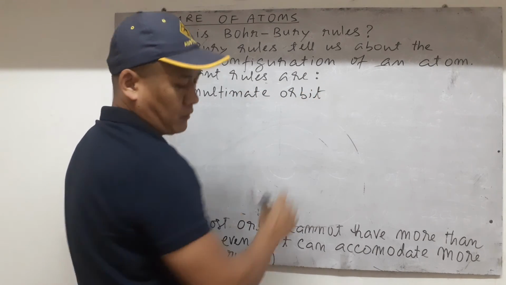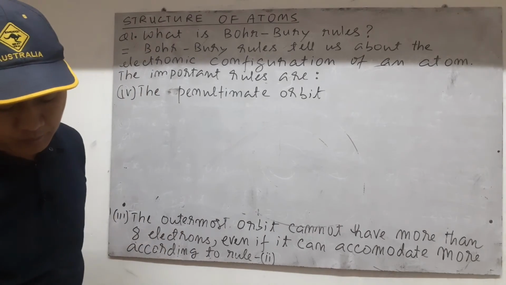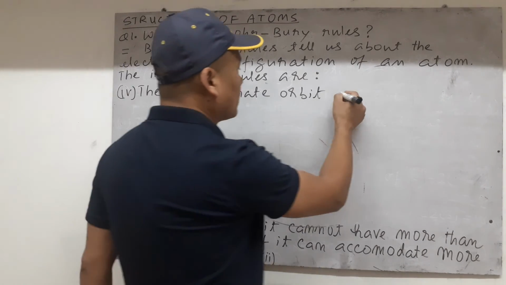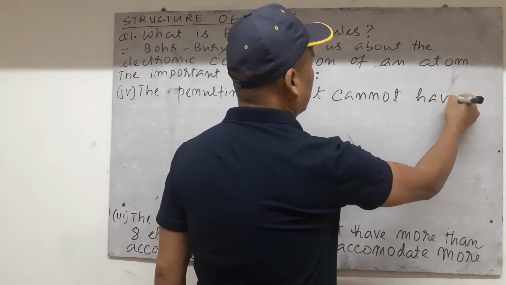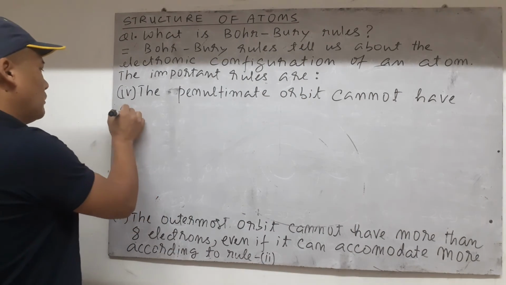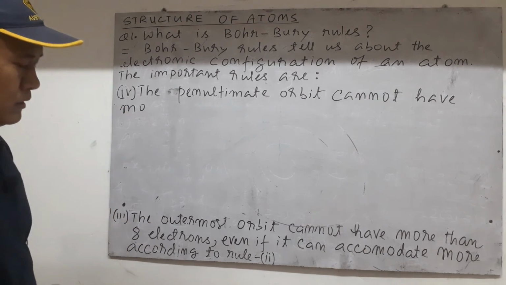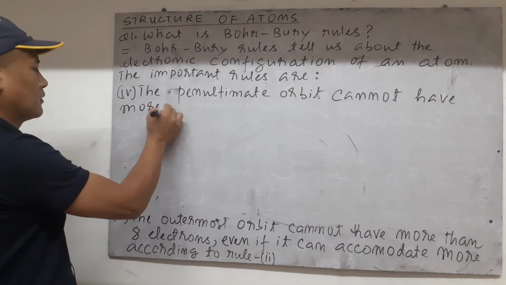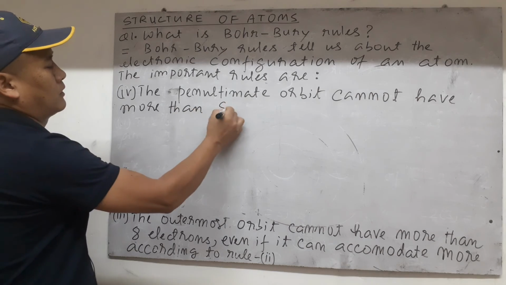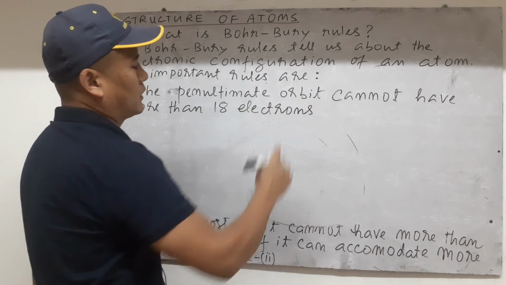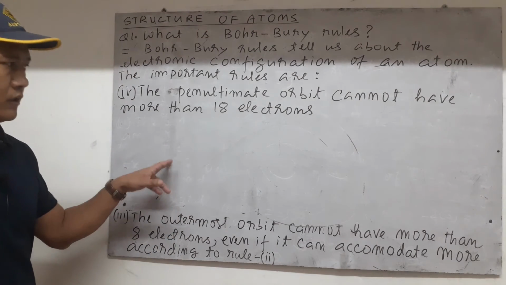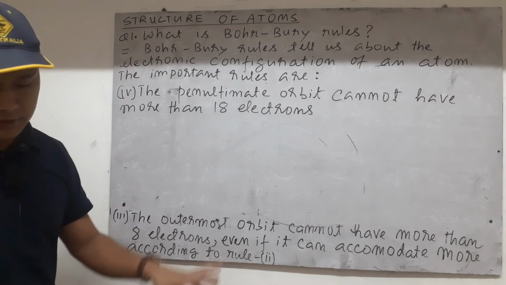The penultimate orbit or shell cannot accommodate more than 18 electrons. The last orbit cannot have more than 8 electrons. The penultimate orbit cannot have more than 18 electrons.